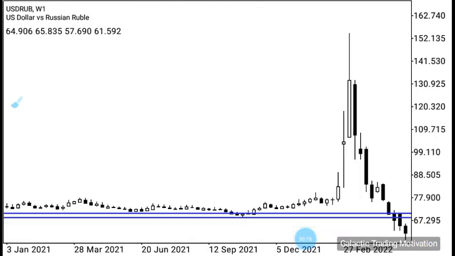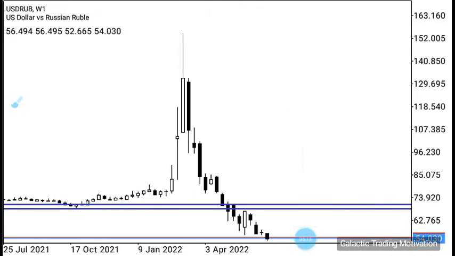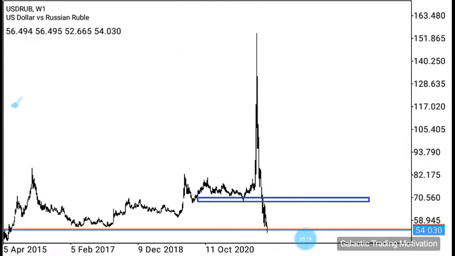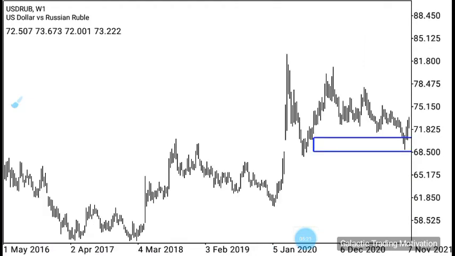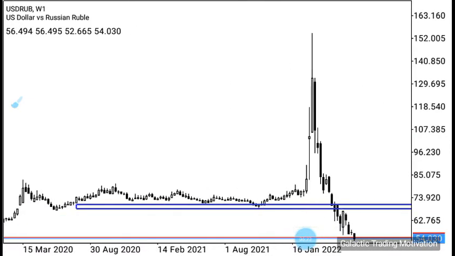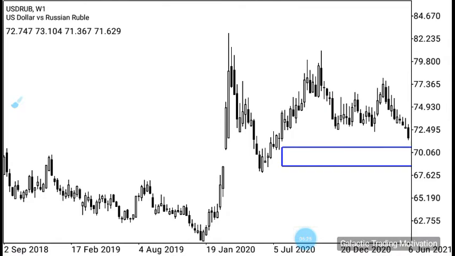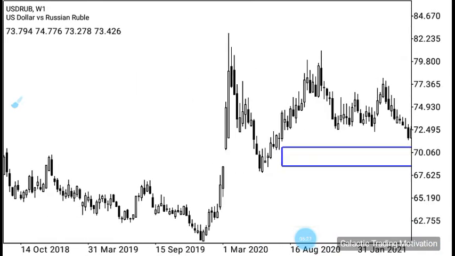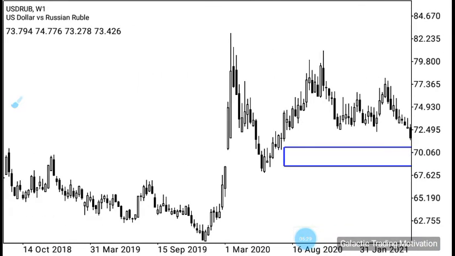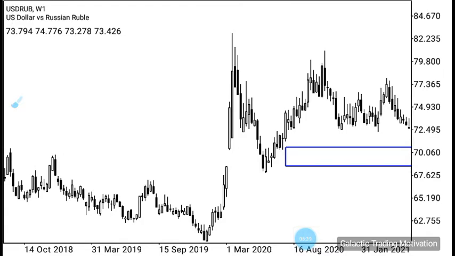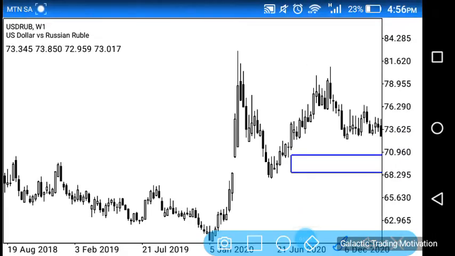So here we are on the weekly chart. What do we see on the weekly chart? Let's have a look. On the weekly chart, we have this candlestick over here. Just bear with me, guys.